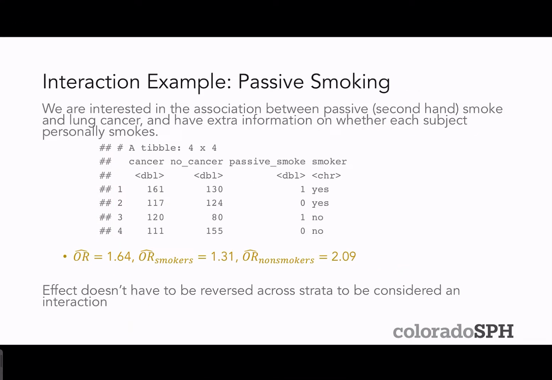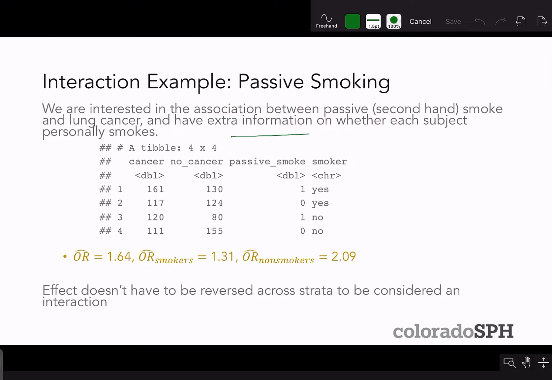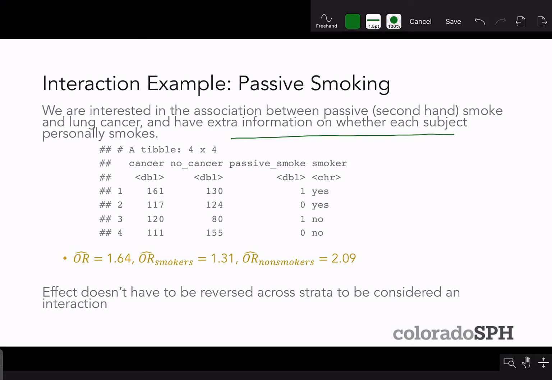So let's look at another example, and back to that passive smoking data set. And so here we're interested in the association between passive smoking or secondhand smoking and lung cancer. But we have an extra piece of information in the form of another covariate called smoker, and that's whether or not a person smokes.